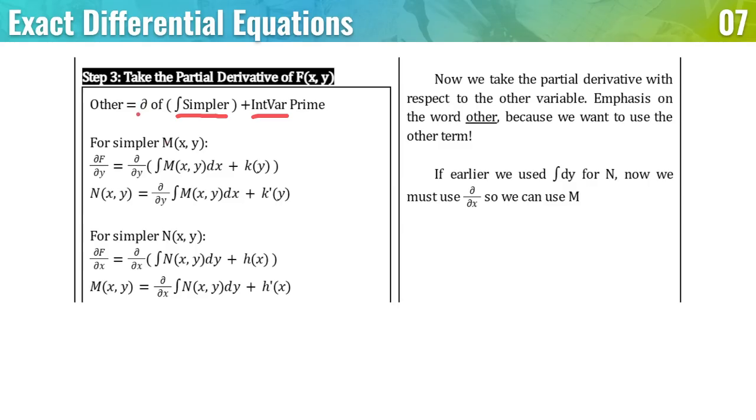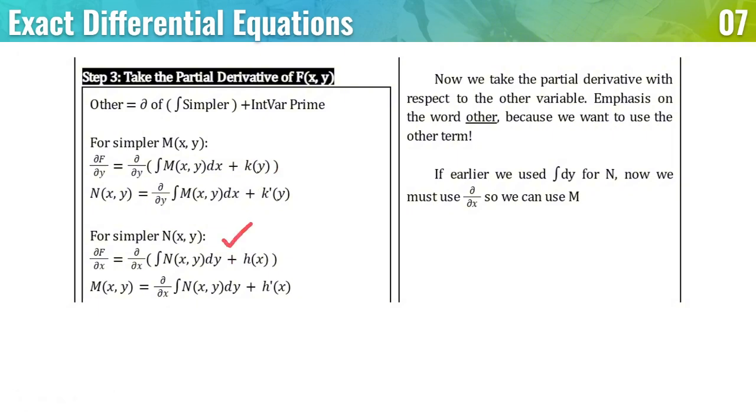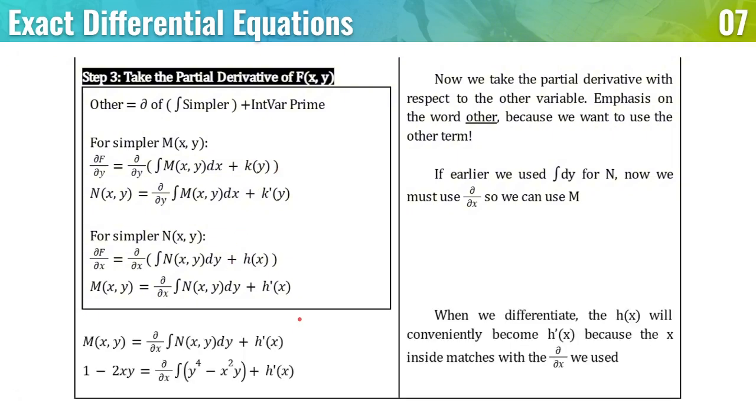So now if you get the partial derivative of both sides, the k of y will become k prime of y, and then the h of x will become h prime of x. So let's focus on what we are doing. This one, we're already done here. Ignore the integral sign. This one is supposed to be the integral of N x y dy.